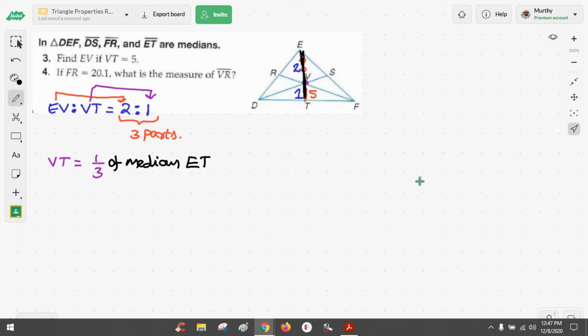Now I know that VT equals 5 units. So let me copy that: 1/3 of median ET. You know how to isolate ET?